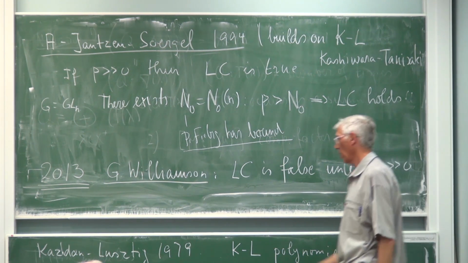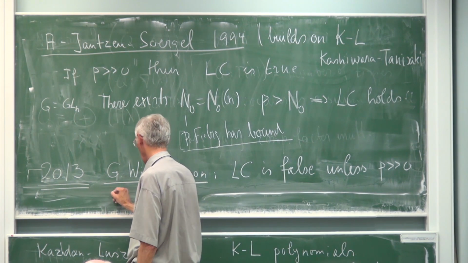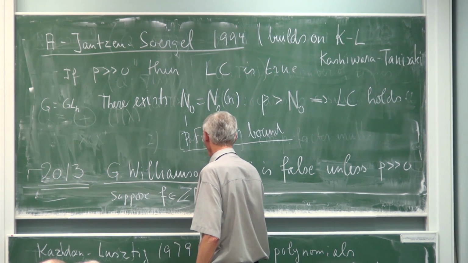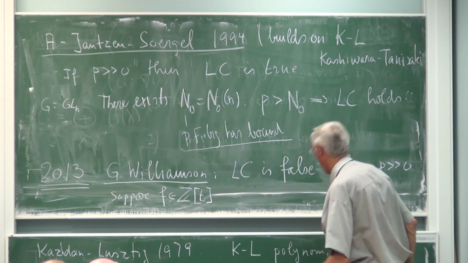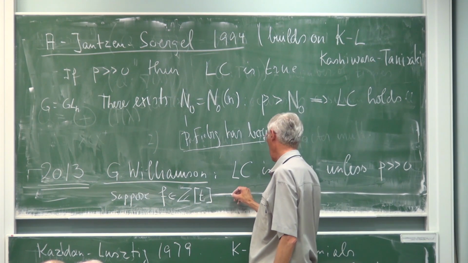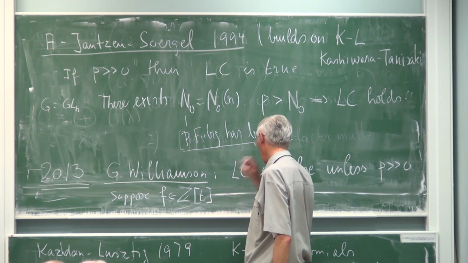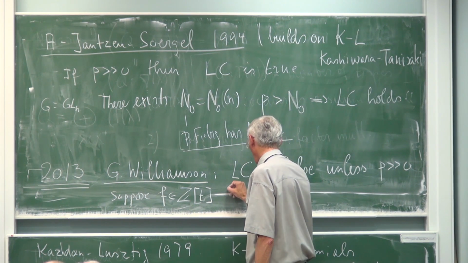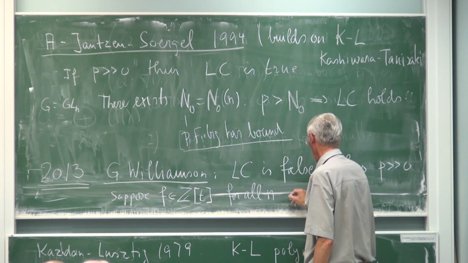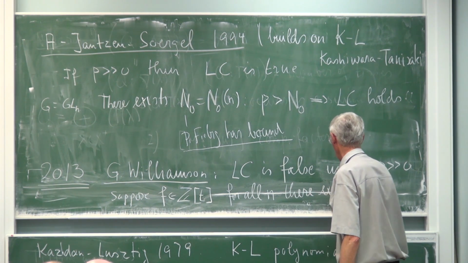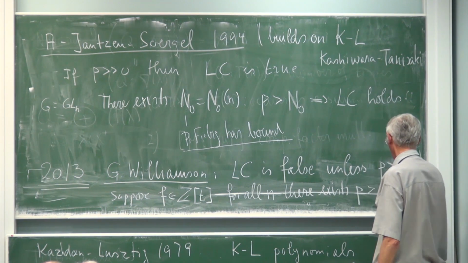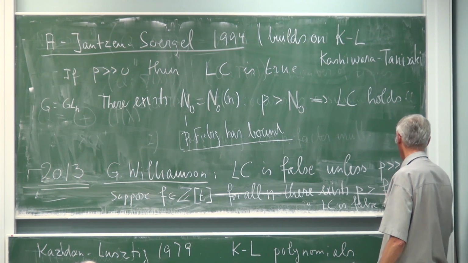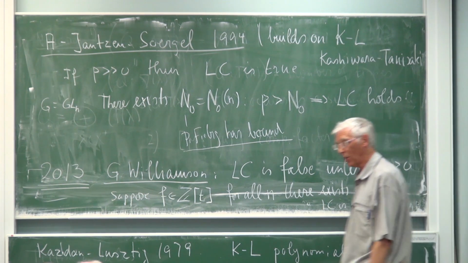Exactly what he meant was the following: if you give him a polynomial, suppose f is some polynomial in one variable, then for all n, there exists p bigger than f of n, such that LC is false in characteristic p.